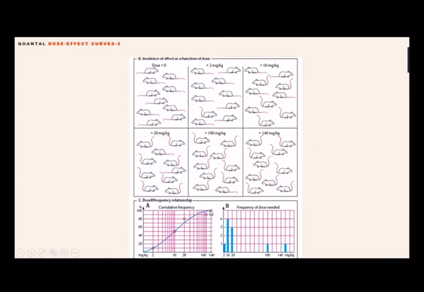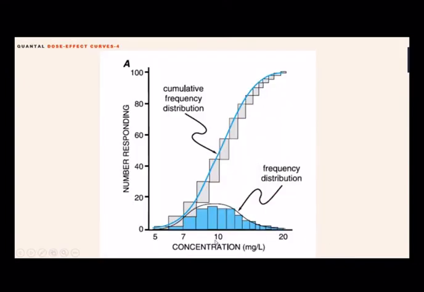The other doses are the same. We plot the cumulative frequency distribution curve. It's a sigmoid. Again, if the ordinate is the frequency distribution, we plot the bell-shaped curve. If the ordinate is the cumulative frequency distribution, we get the sigmoid curve.